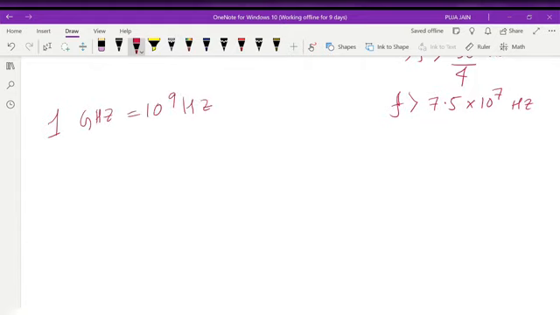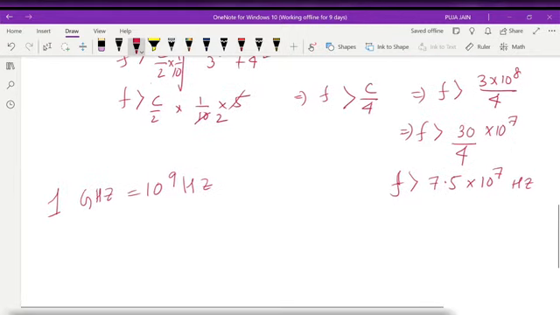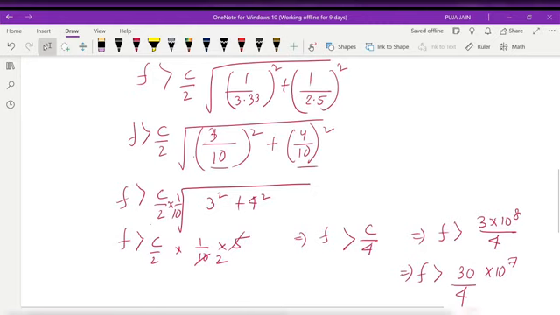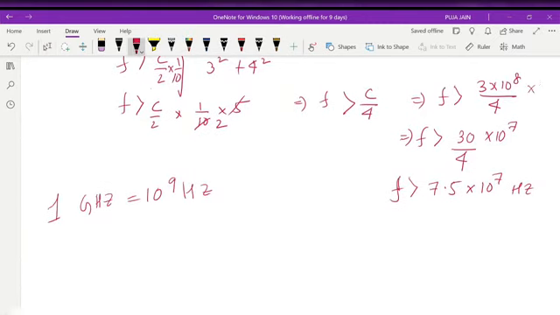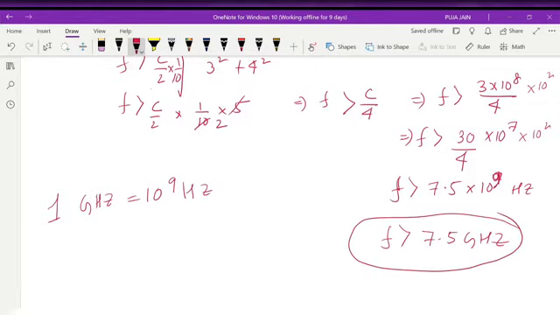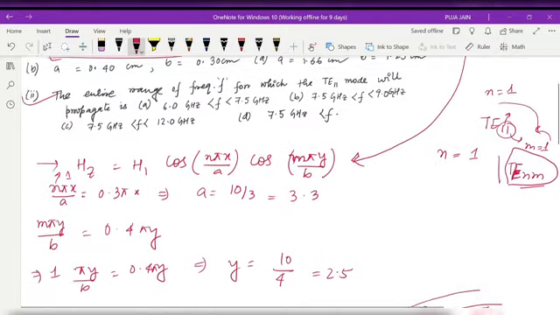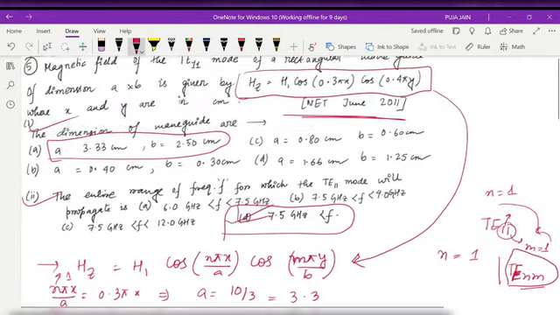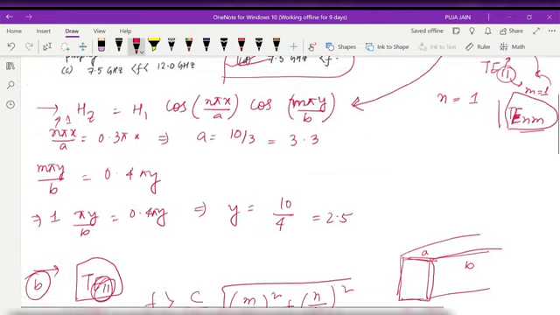The value we substituted was in centimeter, so we get an extra factor of 10 to the power 2, making the exponent 9. So f is greater than 7.5 gigahertz. Now let's see which option is correct: f greater than 7.5 gigahertz is option D. So the correct option is option D. I hope you understood. This type of question can come from waveguide.